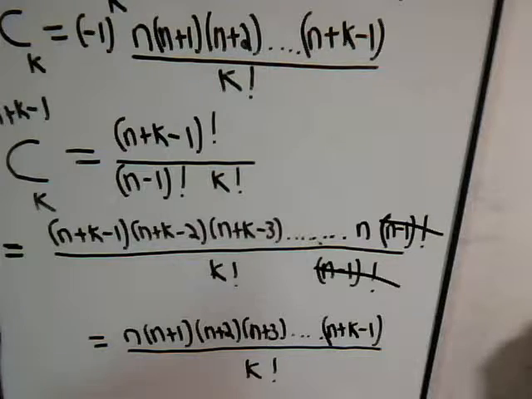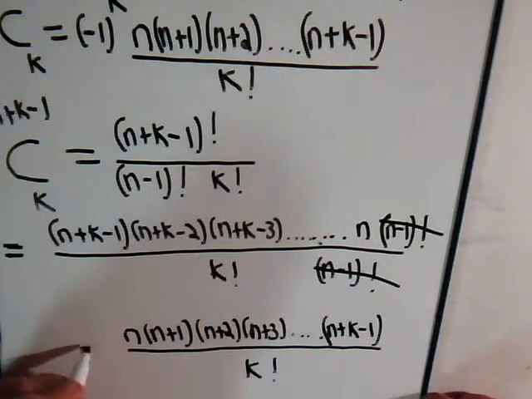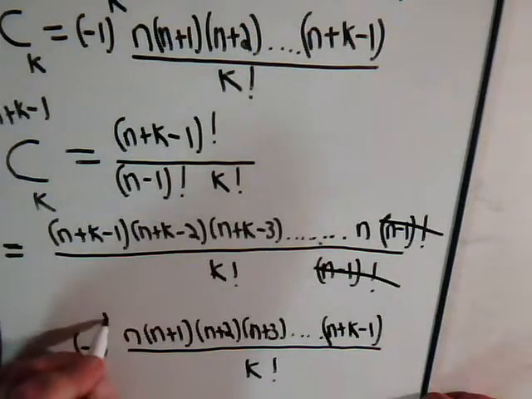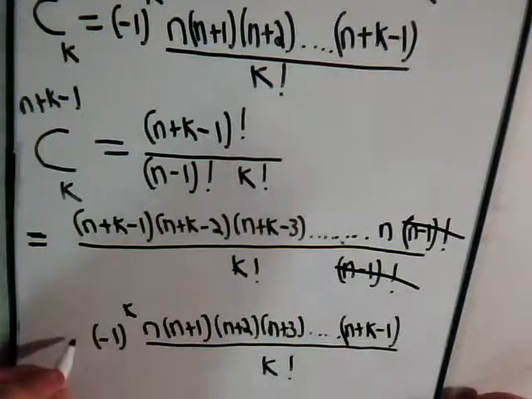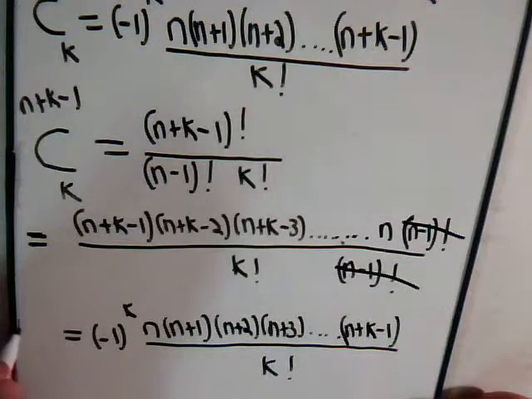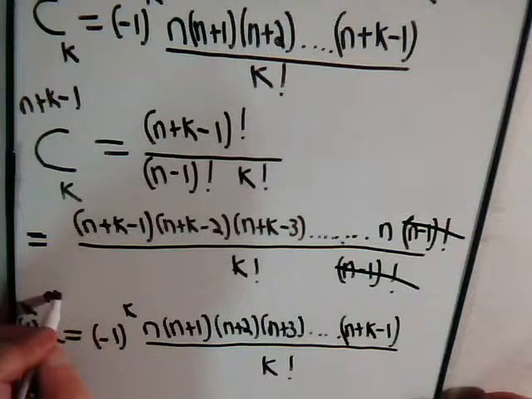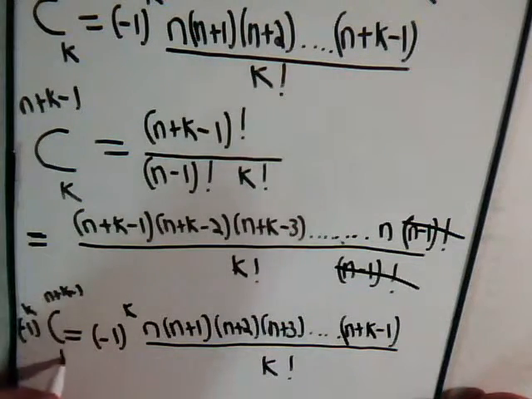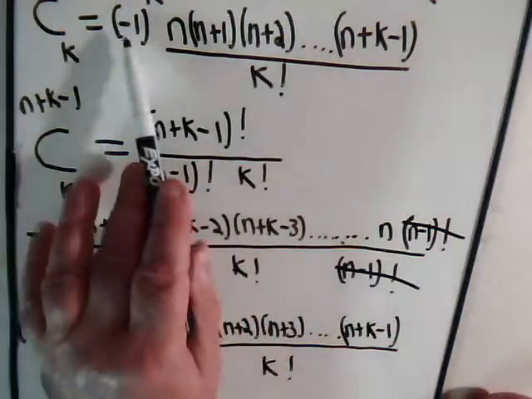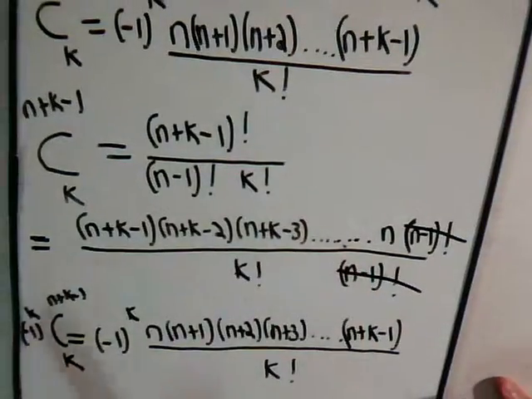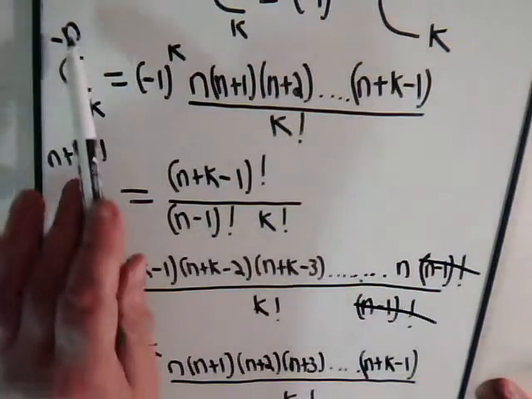Well, if we multiply both sides of that equation by minus 1 to the k, that will equal minus 1 to the k times c n plus k minus 1 over k. And that is what this is, right here.